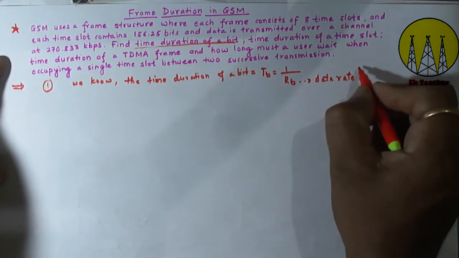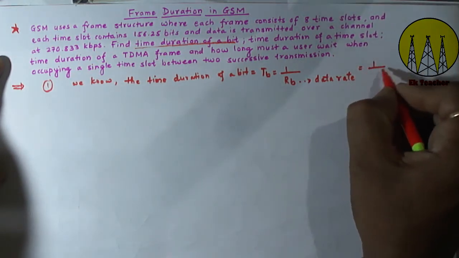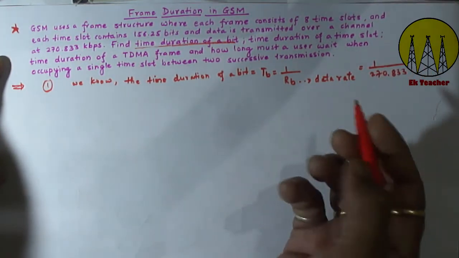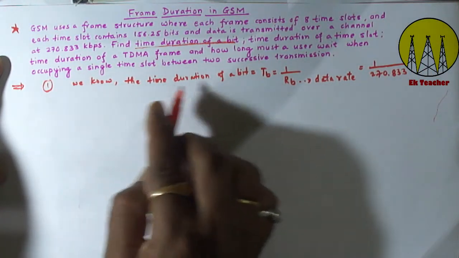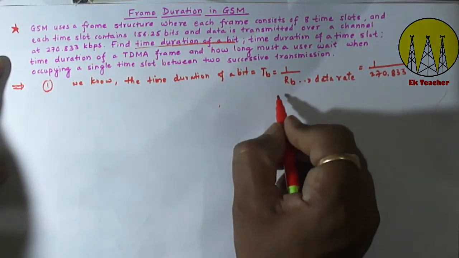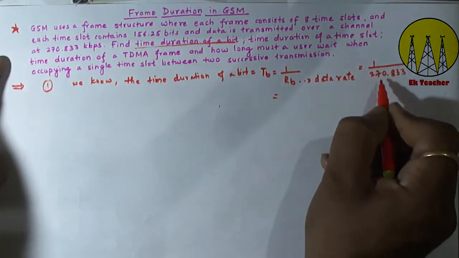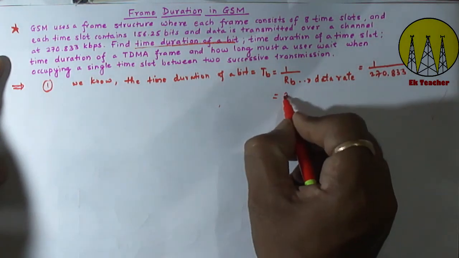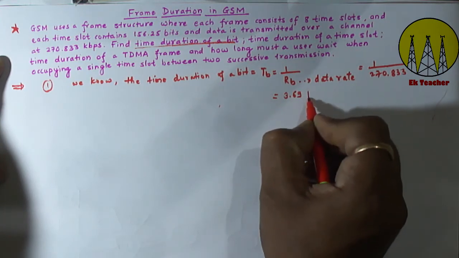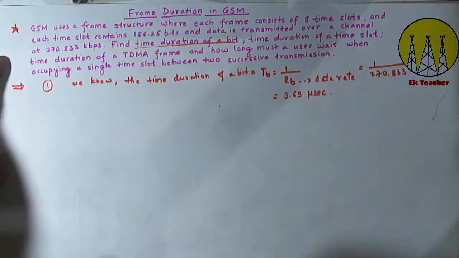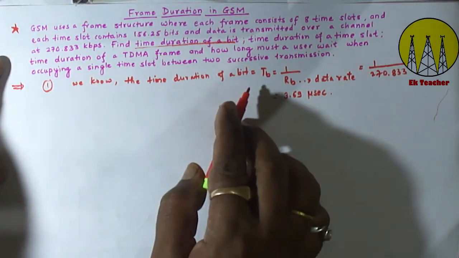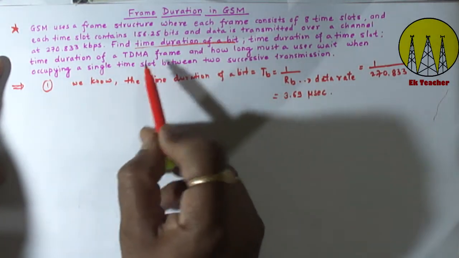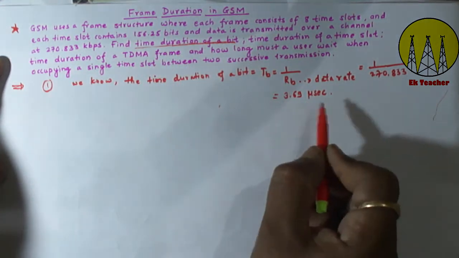So 1 by RB means 1 upon 270.833, as the data rate is given. Therefore the time duration of a bit can be simply found. If you divide 1 by 270.833, you will get 3.69 microsecond. So TB, the time duration of a bit, is 3.69 microsecond.